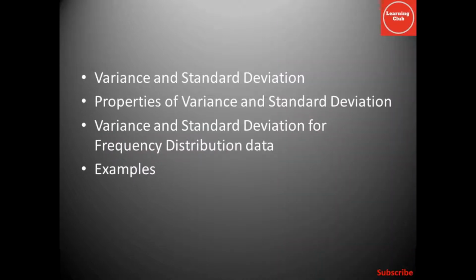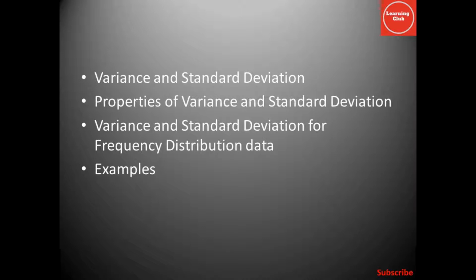In our today's video, we are going to discuss variance and standard deviation, properties of variance and standard deviation for frequency distribution data, and their examples. This is the first video of the series on measures of dispersion.